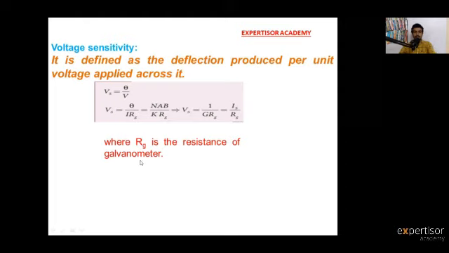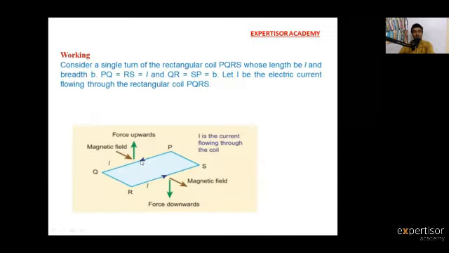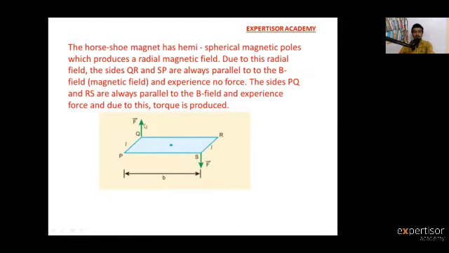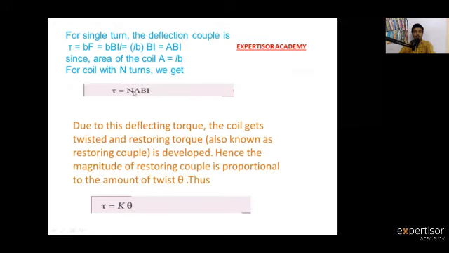In this video we discussed the working and internal structure of the rectangle coil in the galvanometer, and also the two force directions on the rectangle coil. Torque is generated by a rectangle coil with N turns, and for twisting, the torque is equal to K theta.